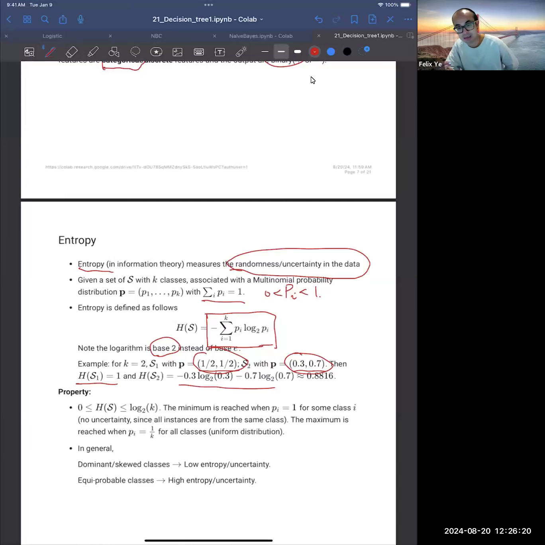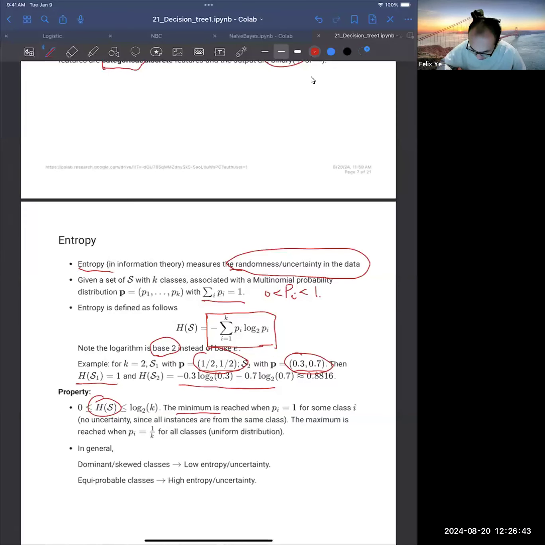This gives you an idea of how to measure the randomness or uncertainty in the data. There are some very important properties. First, entropy is always greater than or equal to 0; it is a non-negative quantity.